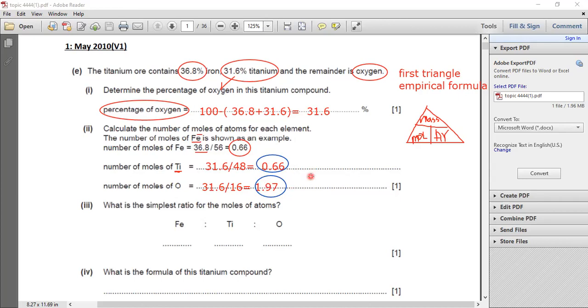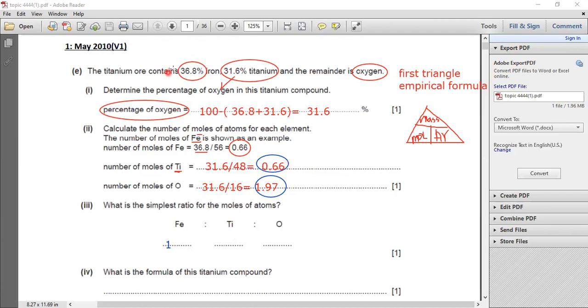Yes. We have to divide by the lowest number. Which one is the lowest number? 0.66. So, okay, 0.66 divided by 0.66. It will be 1. So iron will be 1. Next one, titanium. 0.66 divided by 0.66.